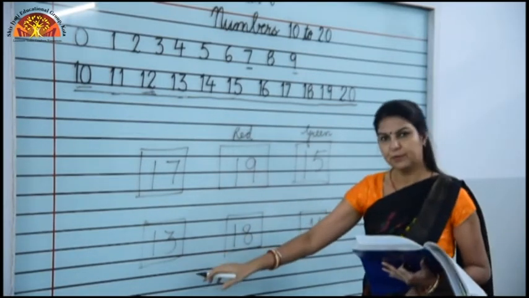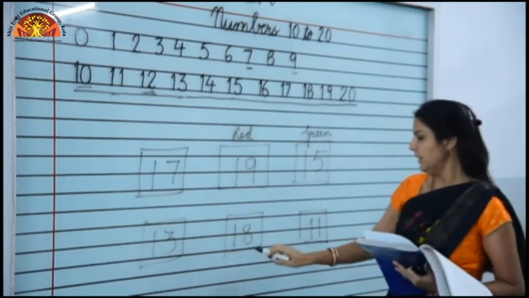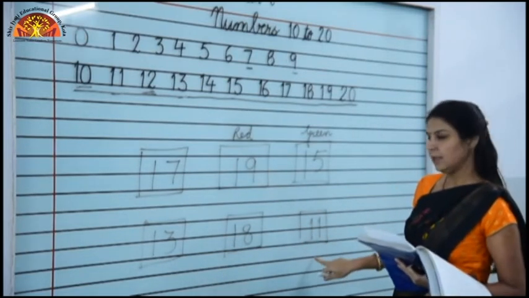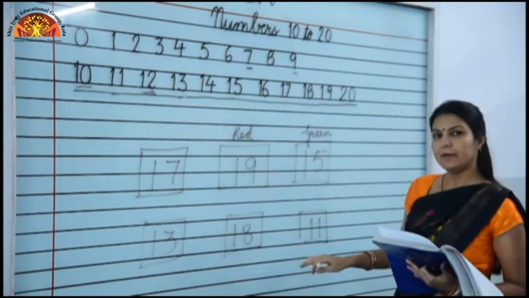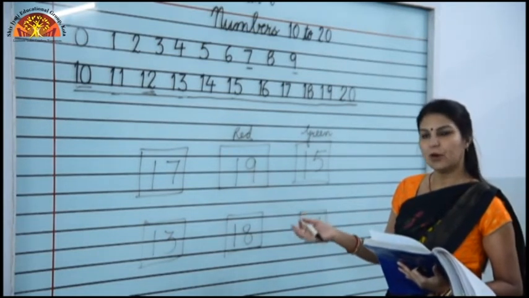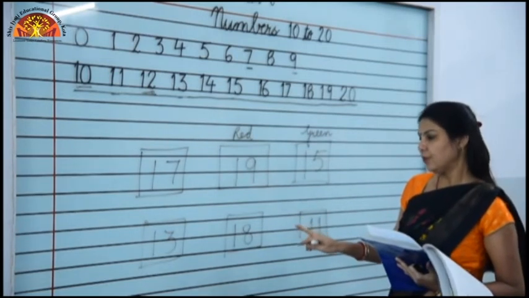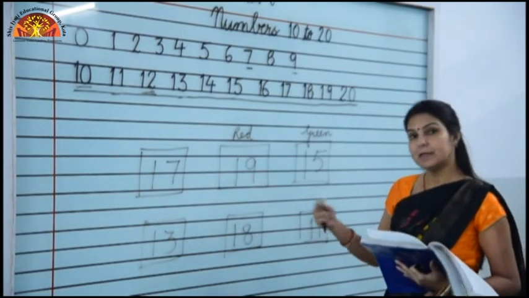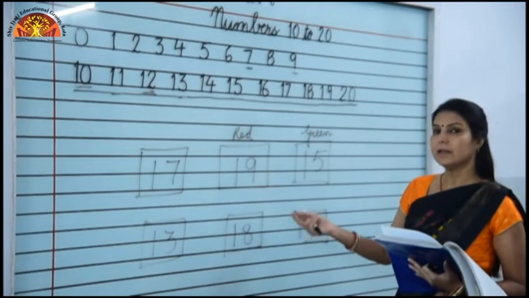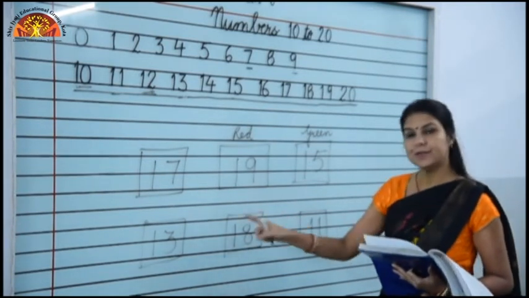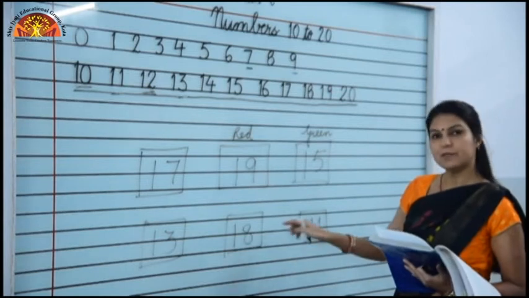Now, let us see one more. 13, 18 and 11. Three numbers are again here. So, we have to find out bigger or smaller among these three numbers. Now, you will see which number comes later in the counting. 18 comes later in the counting among these three numbers. So, this will be bigger.